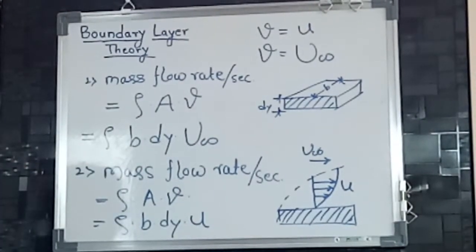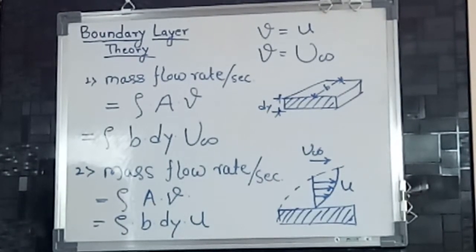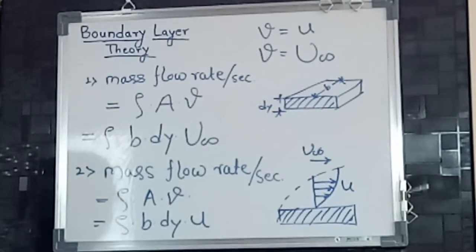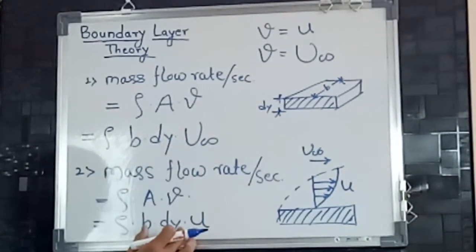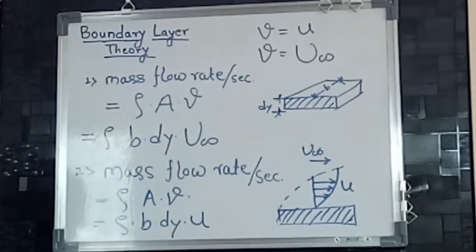Now you understand? Now here what is the mass reduction per second? Now see, this minus this, so you will get the total mass reduction per second for the whole boundary layer. So what is that?